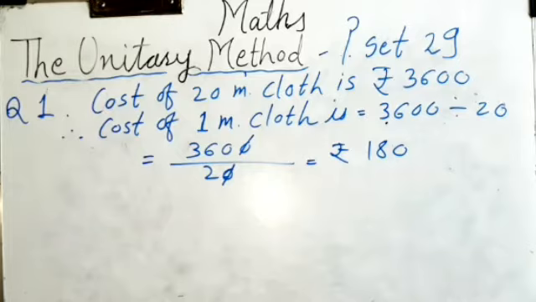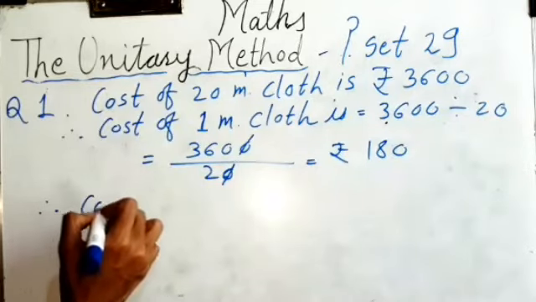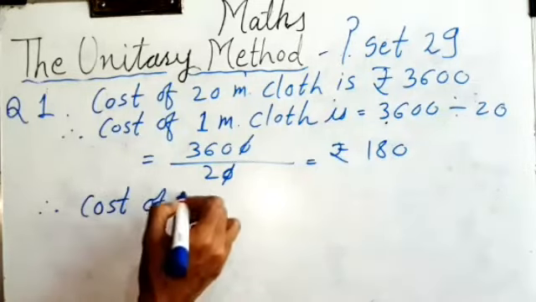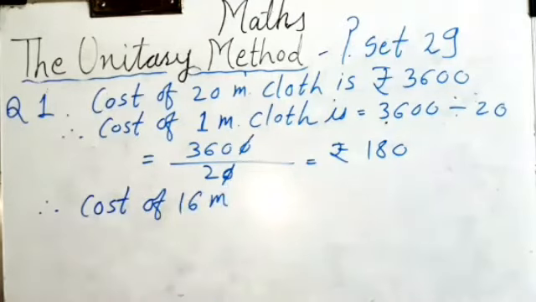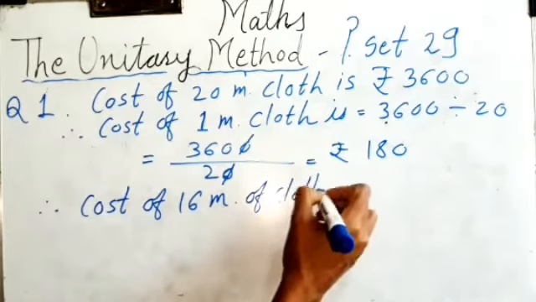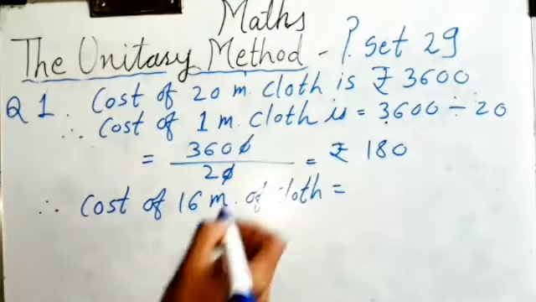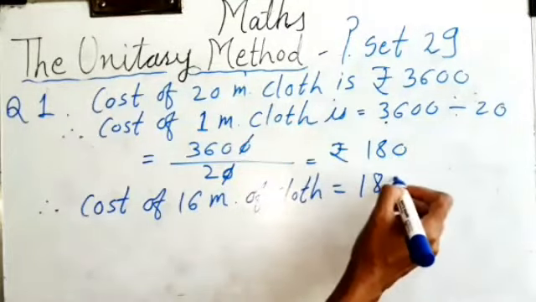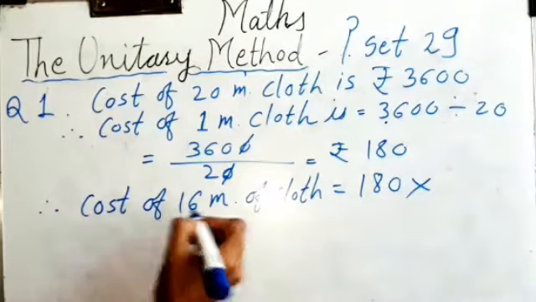So the cost of 1 meter of cloth I got is 180. Now we can find the cost of 16 meters of cloth, which is being asked in the question. Therefore the cost of 16 meters of cloth is equal to, whatever answer we got, you must multiply it with this number.